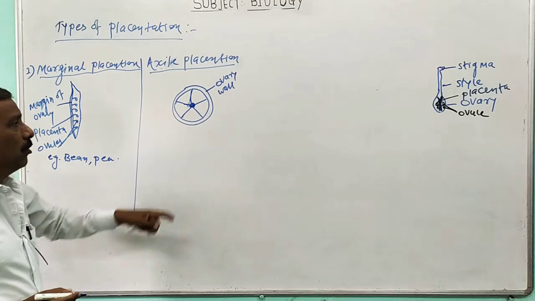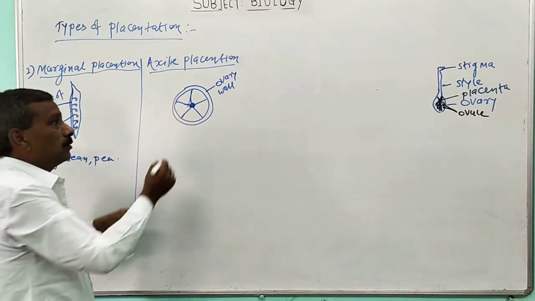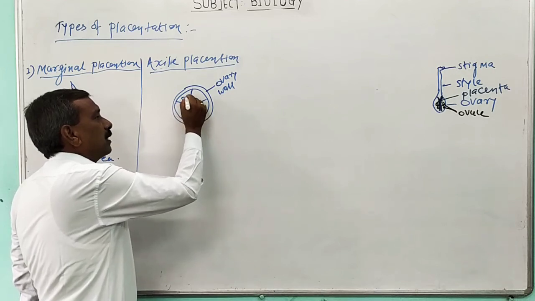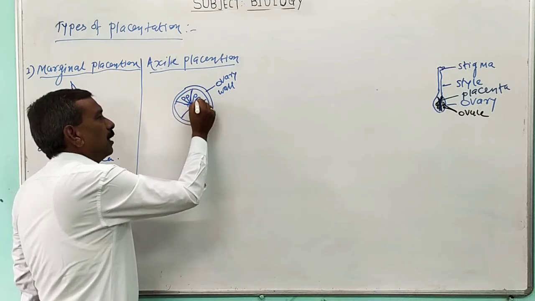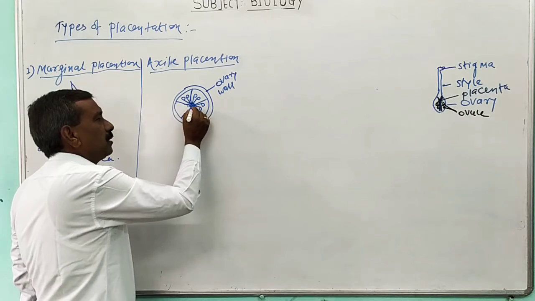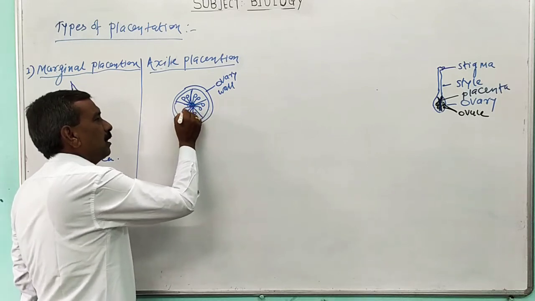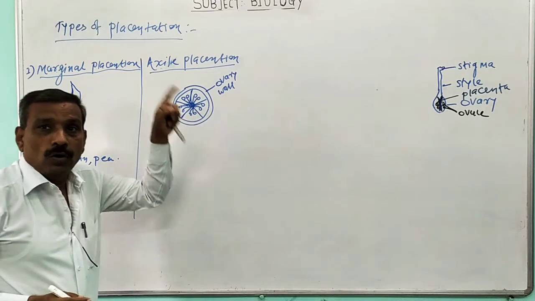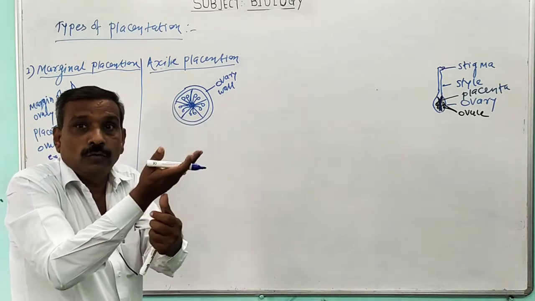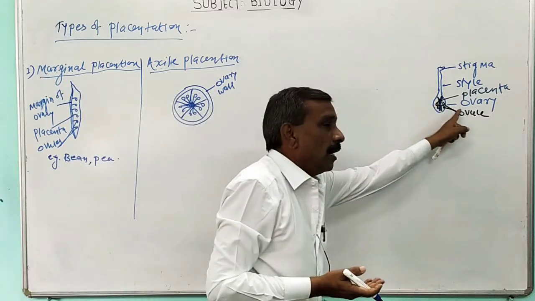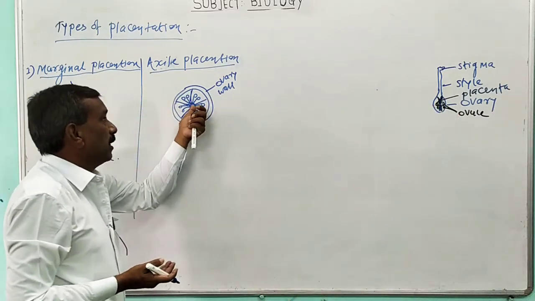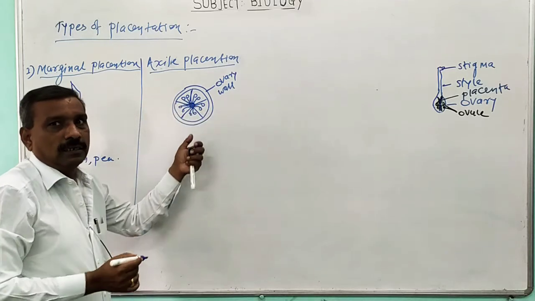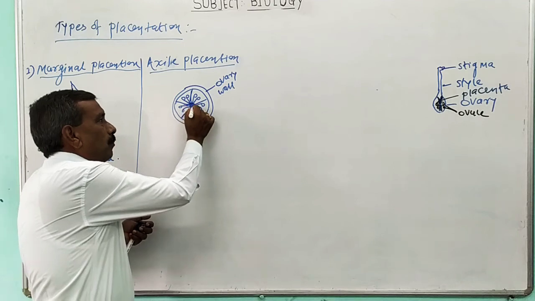Now when ovule develops from the central axis of the ovary, that placentation is known as axial placentation. जेव्हा केव्हा ओव्हरीचा आपण सेक्शन घेऊ, टीएस घेऊ या ओव्हरीचा, आणि ओव्हरी मध्ये जर ओव्हलचे अरेंजमेंट आणि डिस्ट्रीब्युशन जर तुम्ही पाहिला, जर ते ओव्हल सेंट्रल ऍक्सिस पासून येत असेल, which is a placenta.